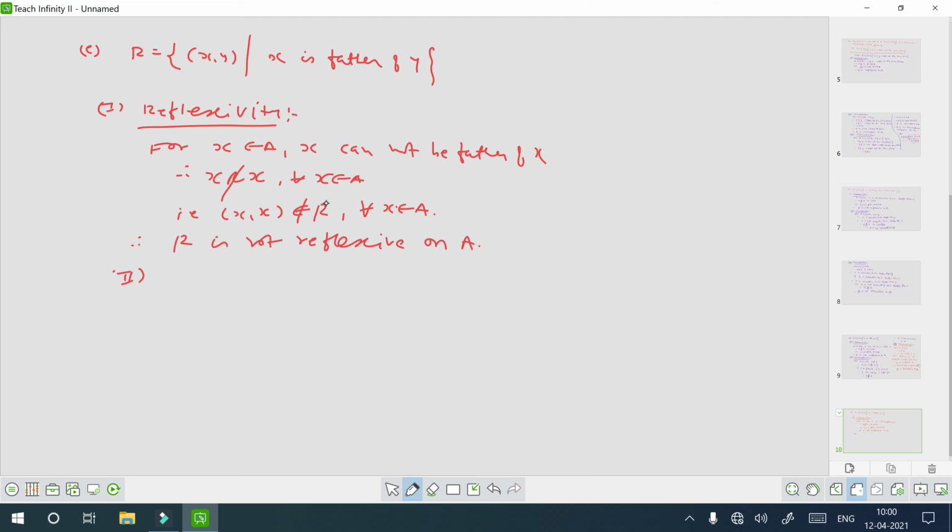What do we have to check? Symmetricity. Clear?